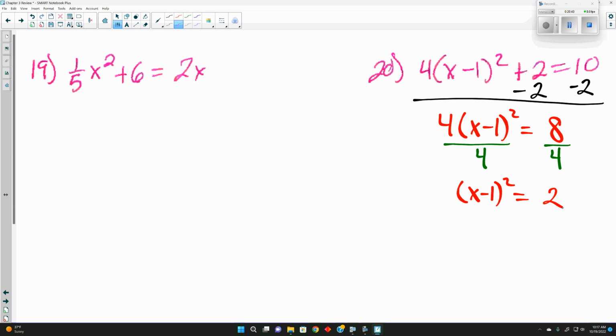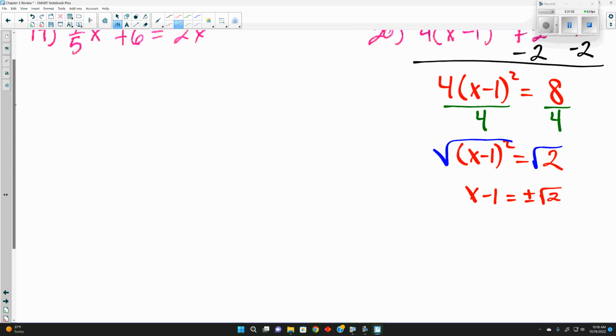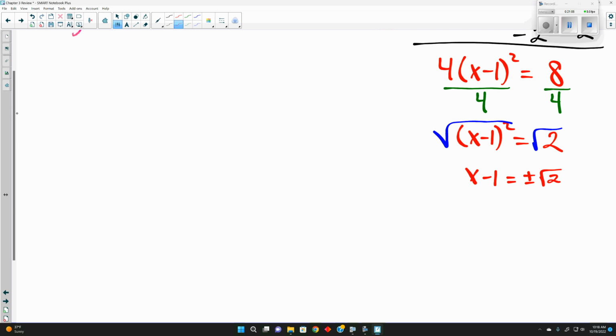Since the parentheses being squared is by itself, we can square root both sides, which will tell us that x minus 1 is equal to plus or minus the square root of 2. Because again, whenever we square root both sides, we do need the plus or minus. And last but not least, we add 1 to both sides.